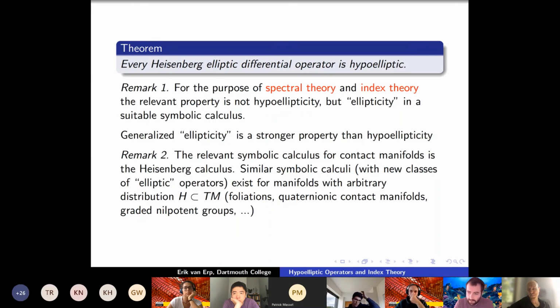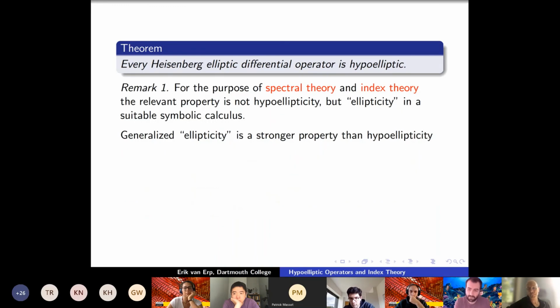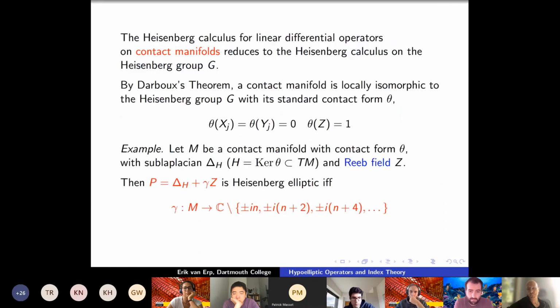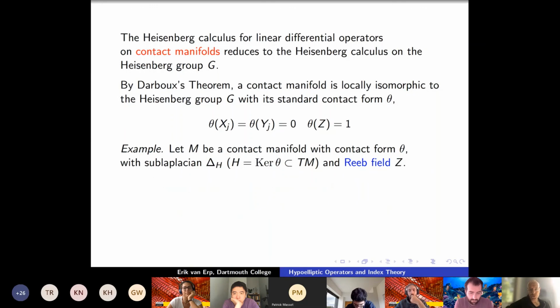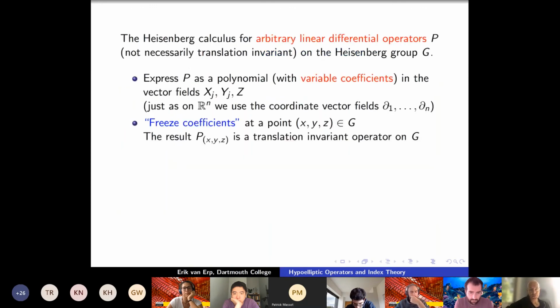Eric, there is a question in the chat. If gamma is equal to i times n plus 2, is it clear that the operator is not hypoelliptic? I know the answer for sure if you have a constant coefficient operator on the Heisenberg group. That's a good question, actually.